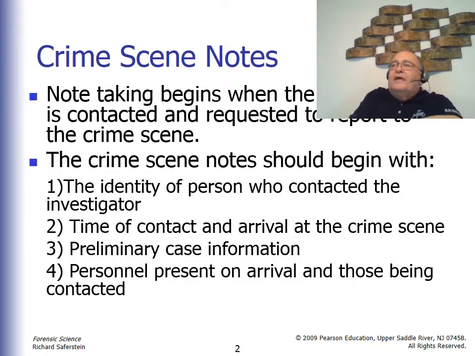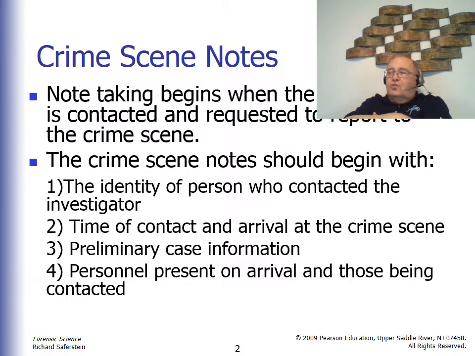The preliminary case information, which as a detective or a crime scene technician you will receive from the initial responding officer, usually a uniformed patrol officer. He'll be able to furnish you the case number, the time he was dispatched, the time he arrived, and any observations that he made.